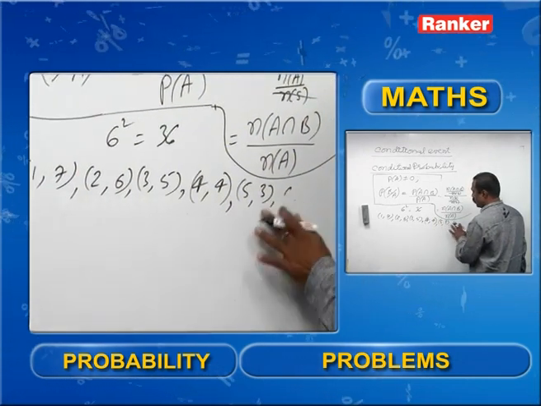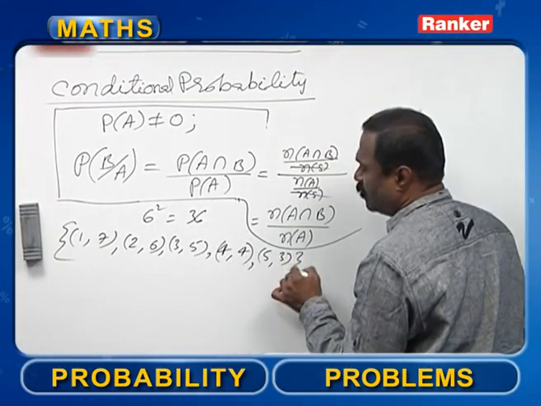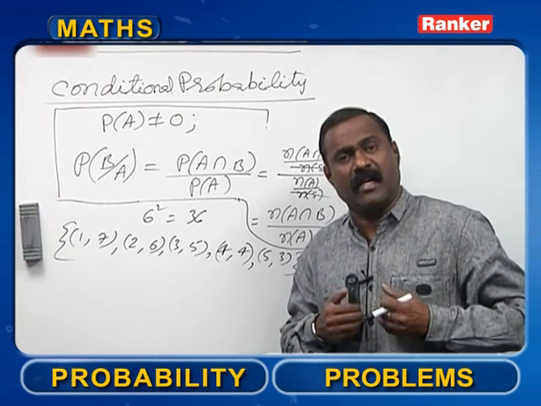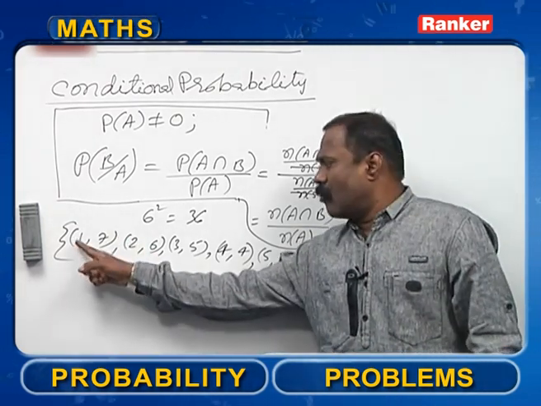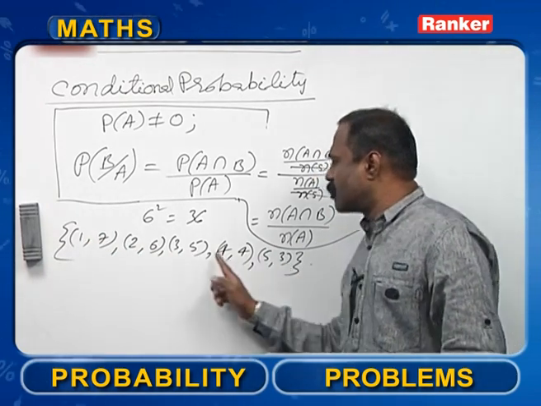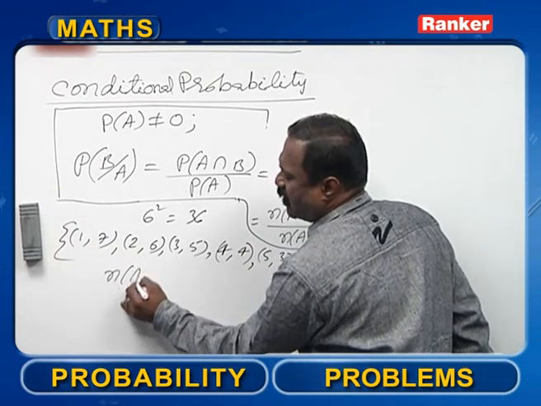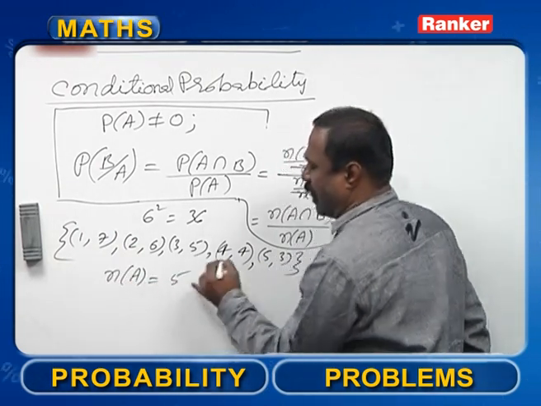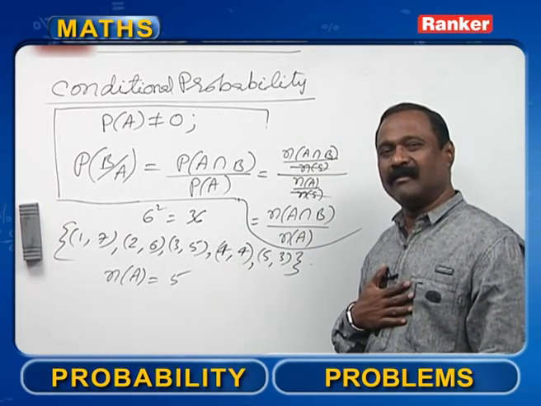No other combination for this one. So how many outcomes have you got if you throw the die twice and the sum on the dice is 8? 2, 6; 3, 5; 4, 4; 5, 3; 6, 2. You have got 5. That is, I'll say N of A is 5.